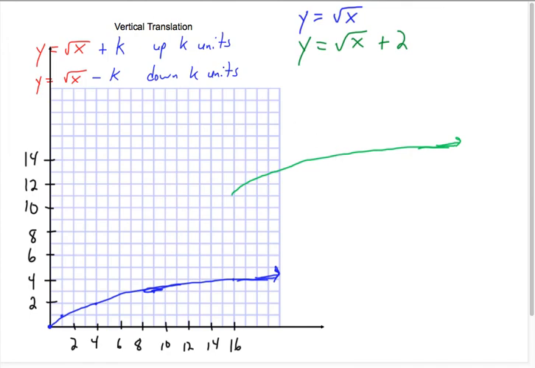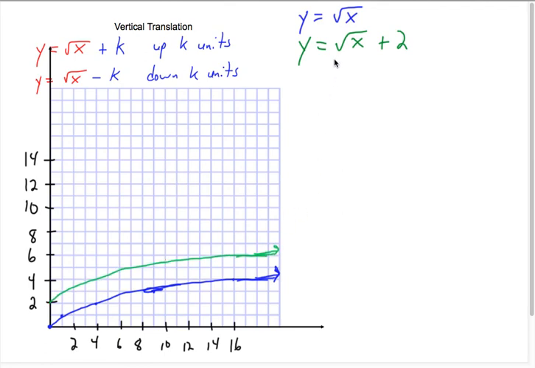Okay, so now we have the green version of this line, which is y equals the square root of x plus 2. So here it's the same, and then if we just move it up 2, that's what happens when you add 2 to it. So if we were to add 4 to it, it would go up to there, or add 6, and so on. If we were to subtract, it would dip down like this. Okay, but since we added 2, it just changes it vertically by 2.